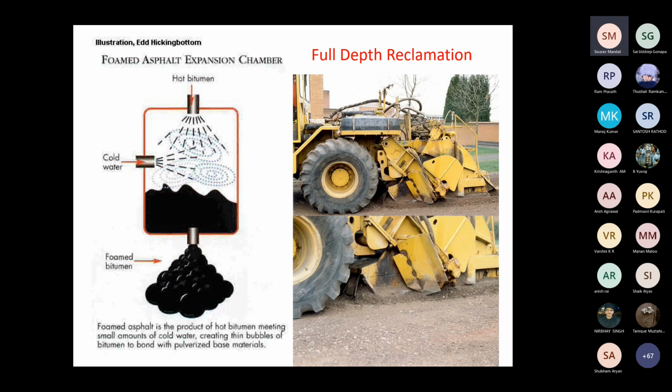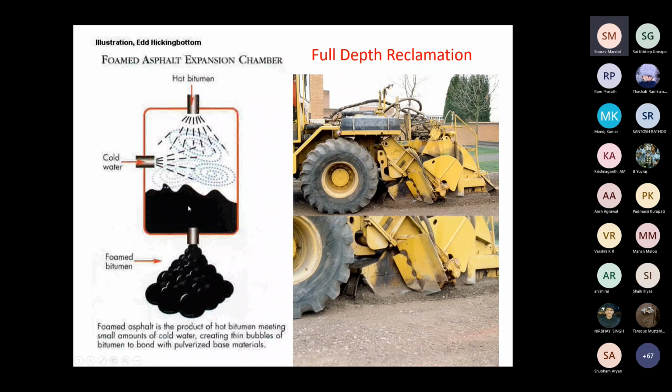Okay, this is the foamed asphalt expansion chamber. Foamed asphalt is a product of hot bitumen meeting small amounts of cold water. This will create thin bubbles of bitumen to bond with the pulverized base material. So what you are doing is allowing a hot material; you can see in this picture, hot bitumen is allowed there, and you sprinkle the cold water.